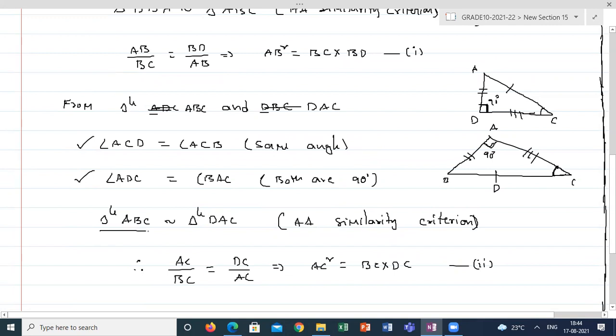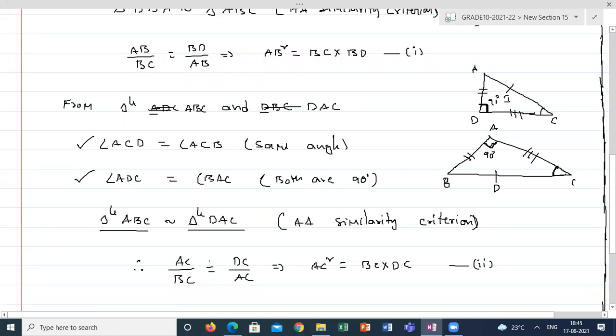So then I can say ABC is similar to DAC. Yes, sir, by a similarity criteria. So what is the side opposite to 90 degrees in this triangle? Sir, AC. What is the side opposite to 90 degrees? Sir, BC. So AC and BC are corresponding.